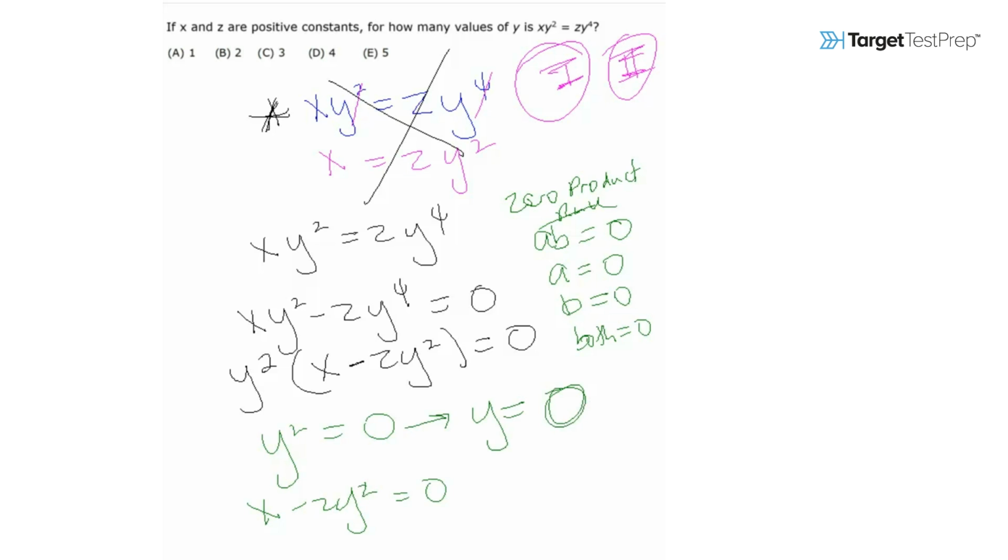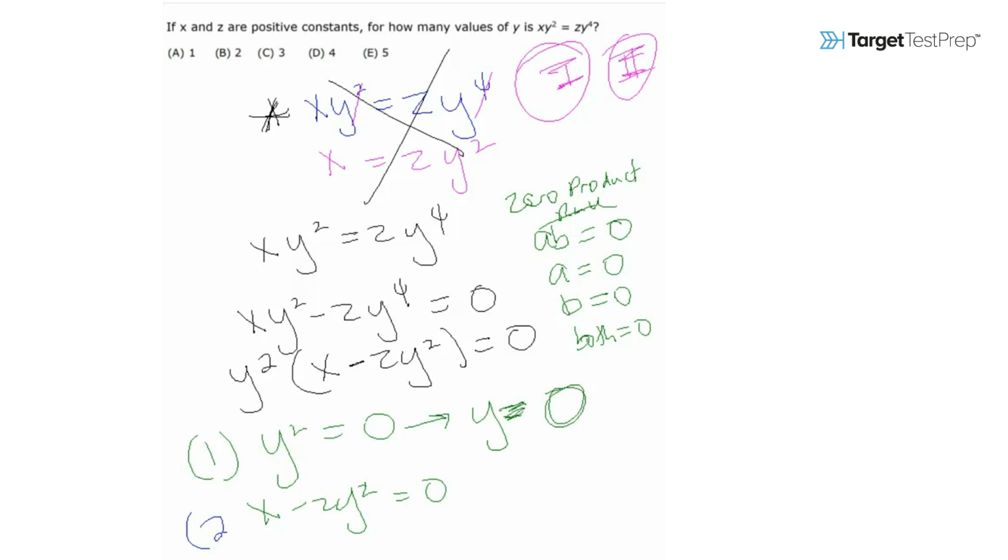And now you see the problem with canceling off the y across both sides of the equal sign, because one of the solutions to the equation is y equal to 0. Anytime you deliberately say to yourself there's no chance of y being 0, and you cross it off from both sides of the equation, you miss that solution. So y could be 0.